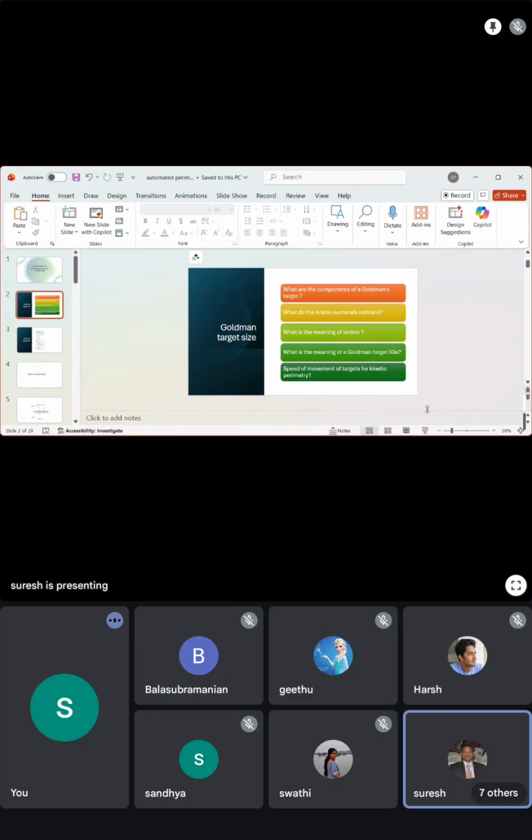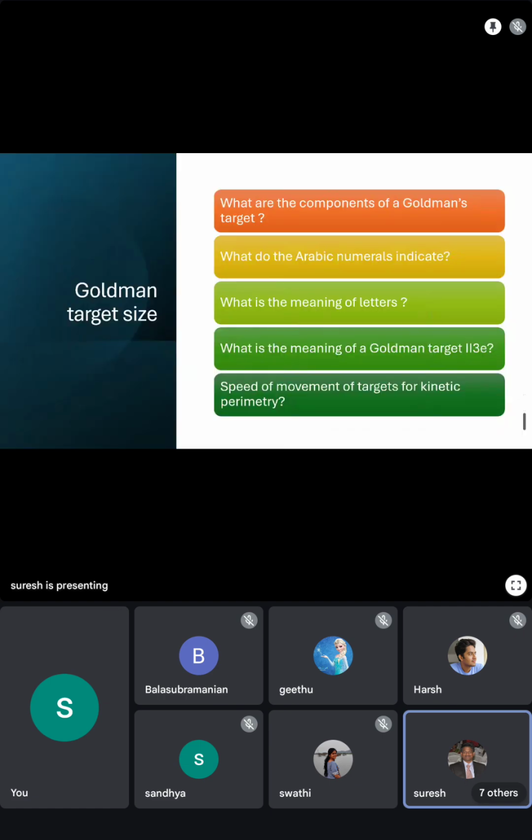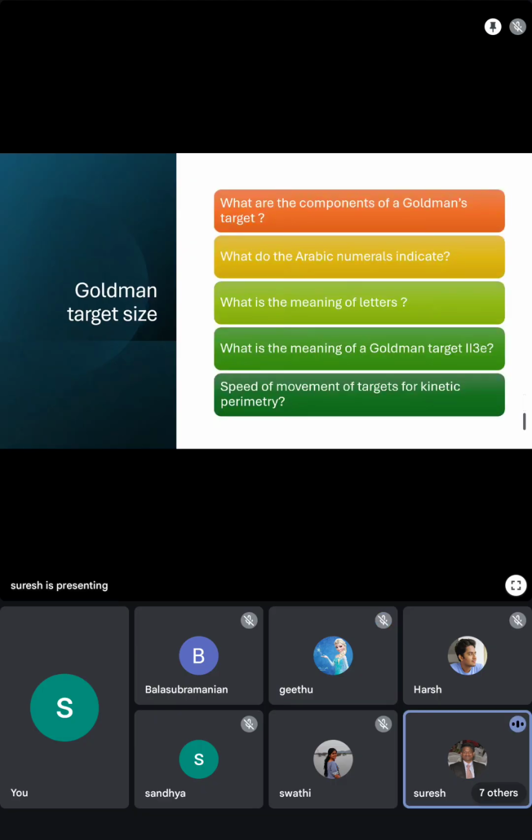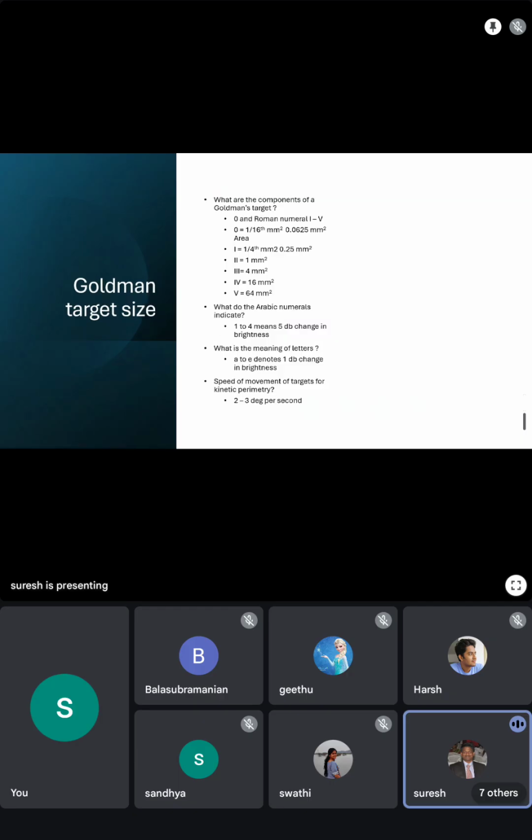So the Roman numeral gives the size of the target. Are you able to see my screen now? Yes, sir. Okay. So I will just give you the answers because it is becoming late. Goldmann's target has a Roman numeral, Arabic numerals, and letters. The Roman numeral indicates the size of the target. The biggest is 64 millimeters squared in terms of area, and the smallest is 1/16.